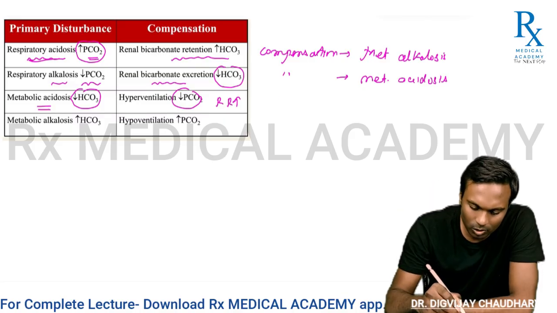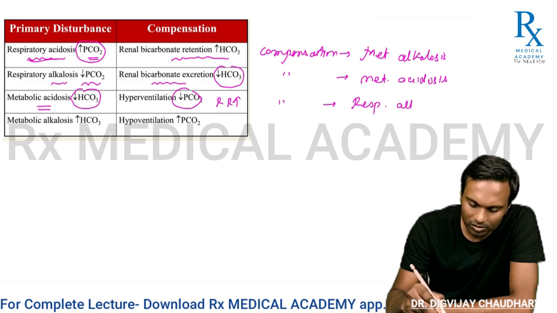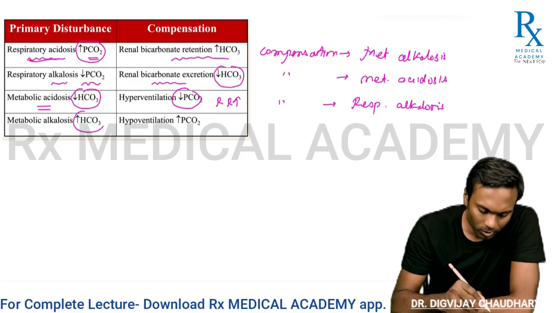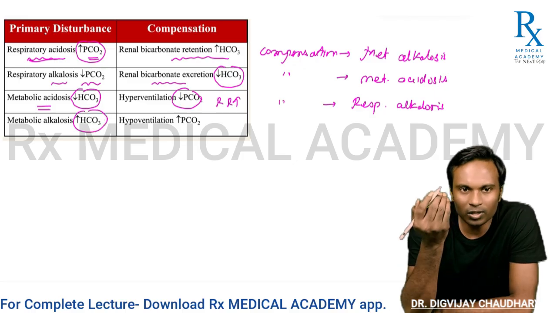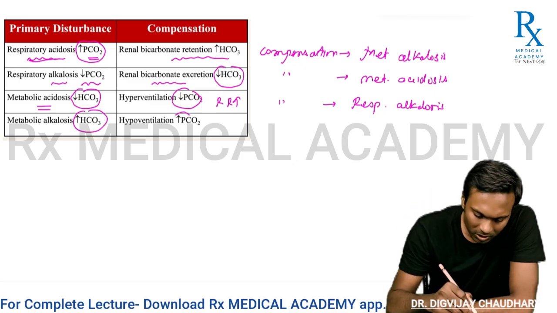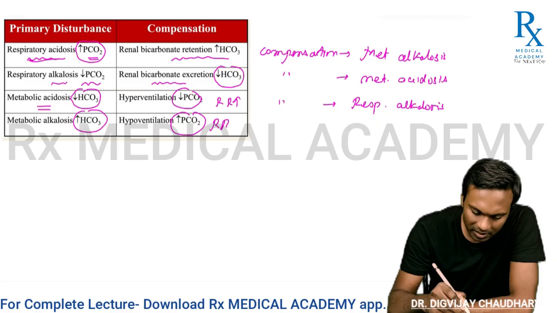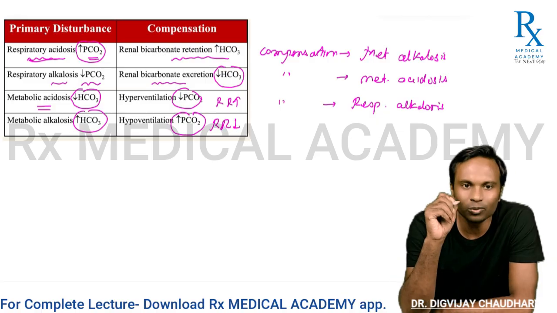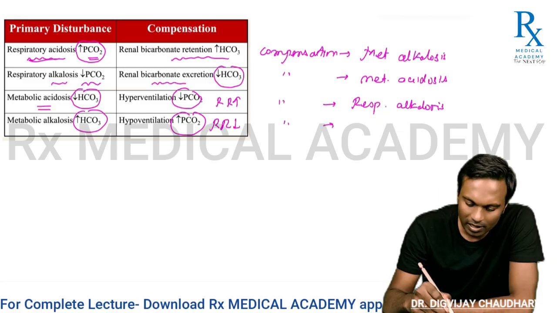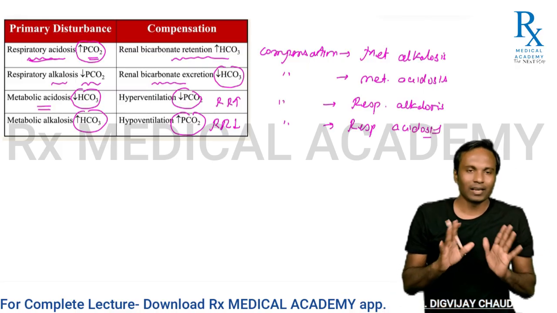So this results in compensation by respiratory alkalosis. If bicarb is more, it has to be metabolic alkalosis. It has to be compensated by respiratory acidosis by retaining more carbon dioxide. Nothing is tough till now, okay?